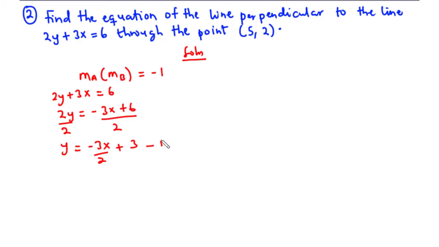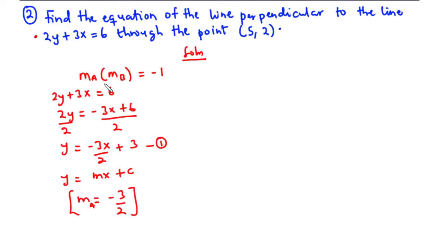Now comparing this equation to y equals mx plus c, we have m, the gradient, to be -3 over 2. So that is the gradient of this line. So let's say this is MA.